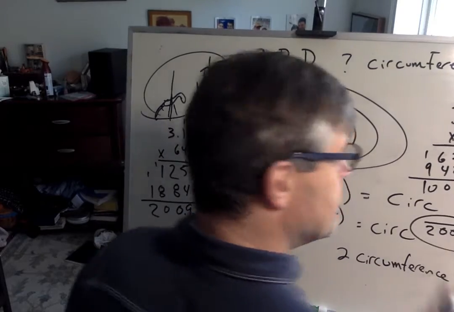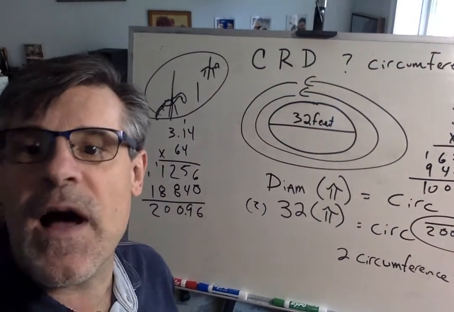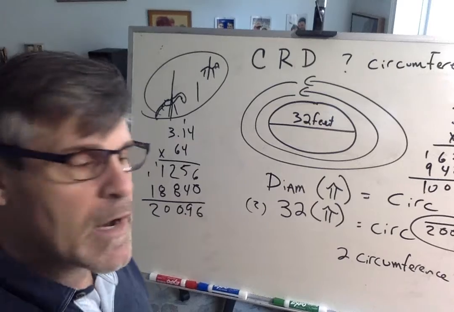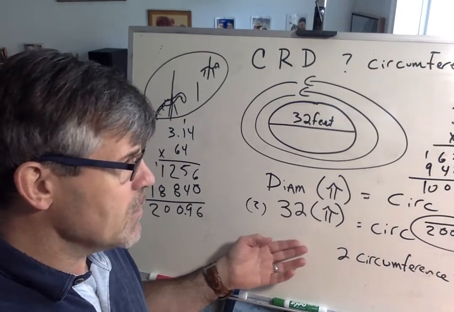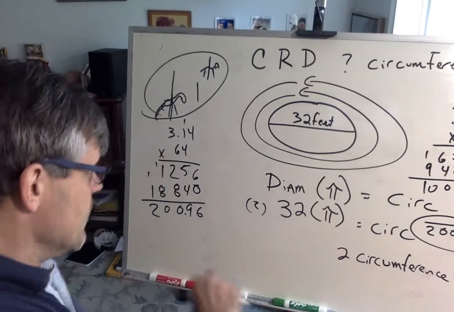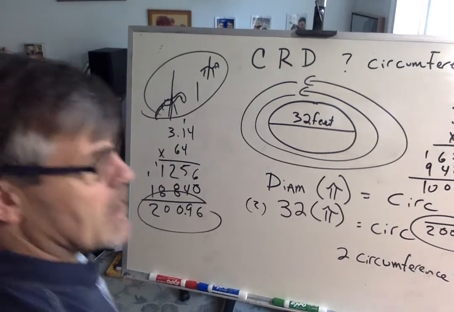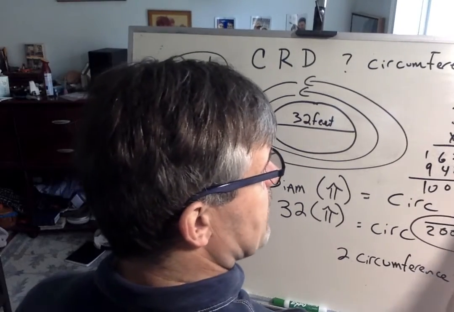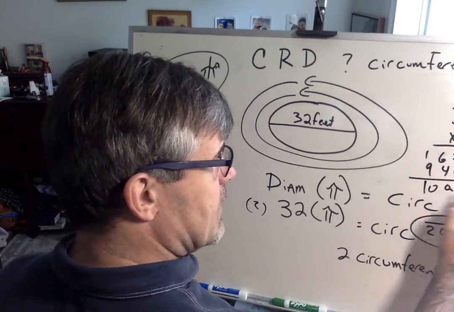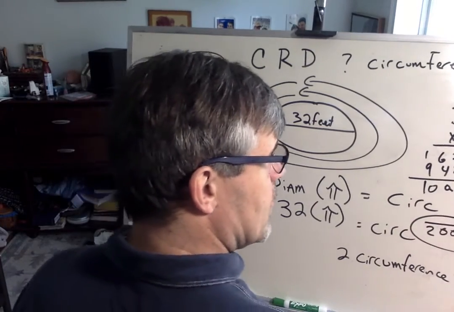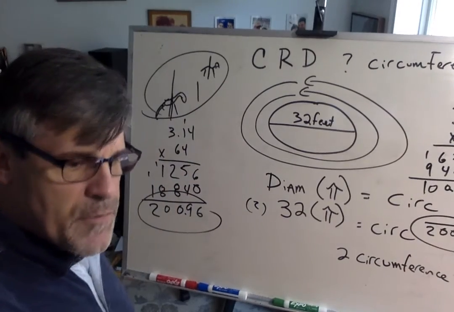Same thing. So Tamel, your strategy was fine. You said 2 times 32 was 64 times pi, and there we got it. I would have done it another way. I would have said 32 times pi to get about 100, and then multiply that by 2. So Tamel, you had a good strategy.